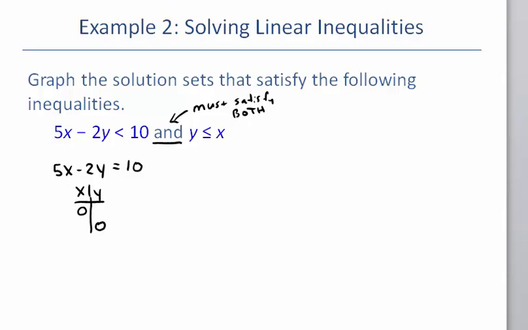So if I plug a 0 in for the x, I am going to have 5 times 0 minus 2 times y is equal to 10. The 5 times 0 will fall out. Negative 2y is equal to 10, and y would then need to equal negative 5.